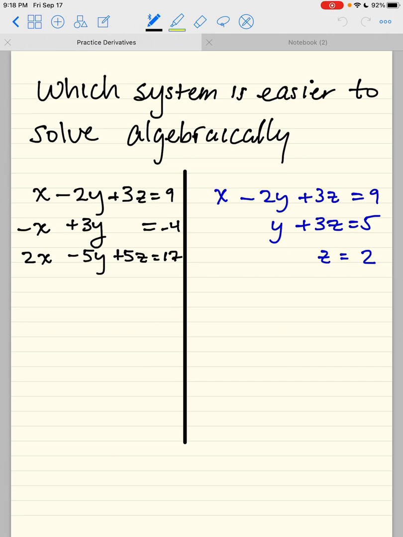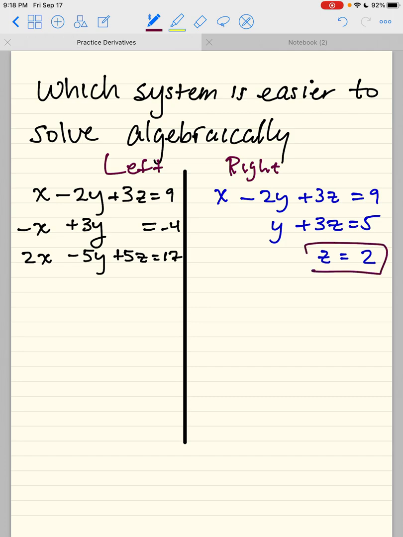Question: which system is easier to solve algebraically, the left side or the right side? Well, I definitely would say the right side. If you wanted to solve the right side, we would do something called back substitution.